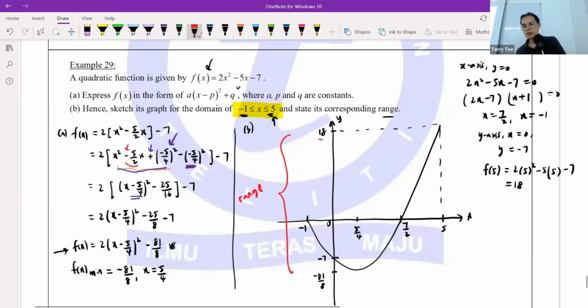So we say your range is -81/8 to 18. And for the graph, you can write f(x) or y, up to you. There you go. That is your range.